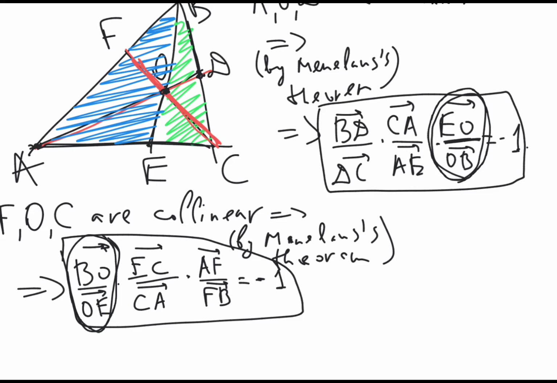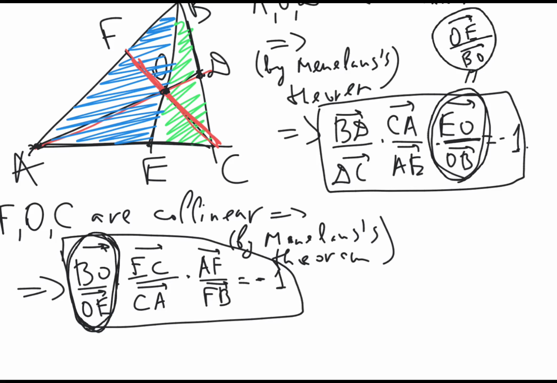So if we invert both vectors in the numerator and denominator, then the sign would be the same. So we can write that this is equal to actually OE over BO. So we invert both vectors, and this is exactly the inverse of what we have here, right?